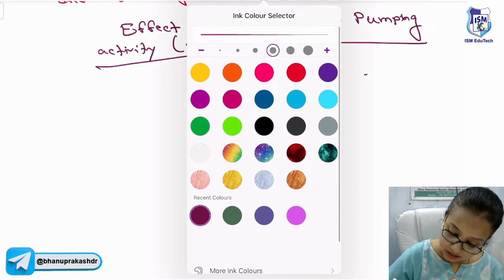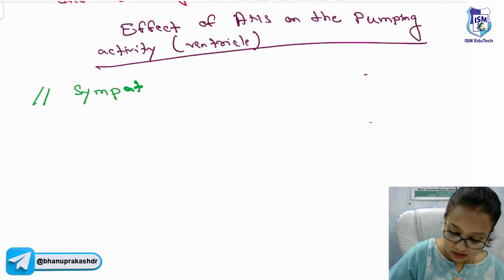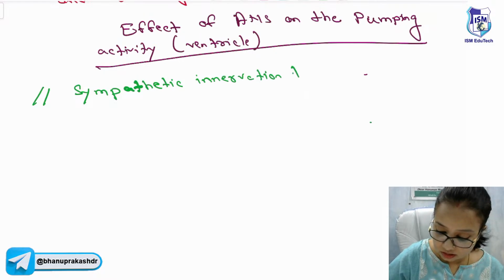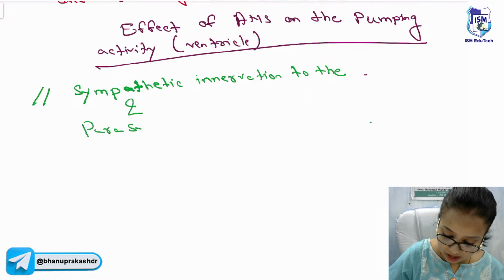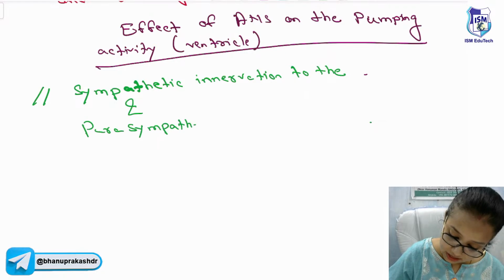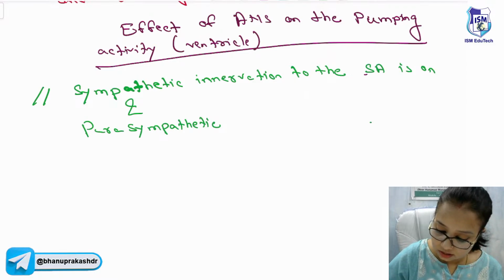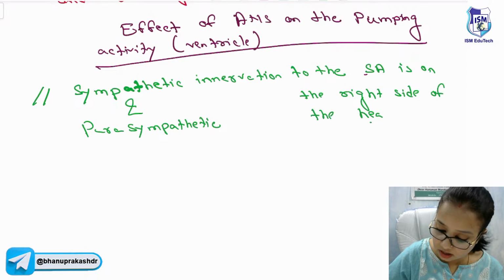So it is seen that the sympathetic and parasympathetic innervation to the SA node is on the right side of the heart.